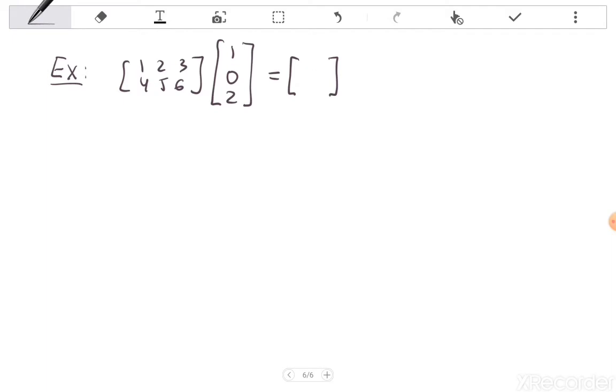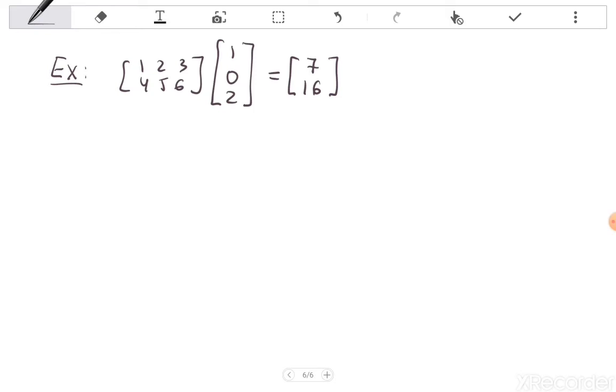To get the first term of this resulting matrix, we multiply the first row by this column. So 1 times 1 plus 2 times 0 plus 3 times 2. So overall it will be 7. And to get the second term, we multiply this second row by this column. So 4 plus 0 plus 6 times 2 is 12. So this will be 16. So this is again a column vector, but of dimension 2.